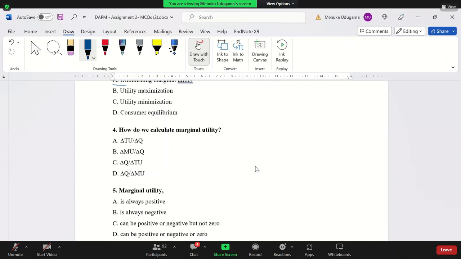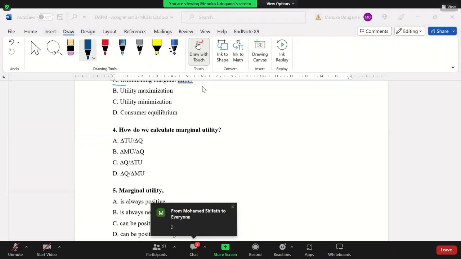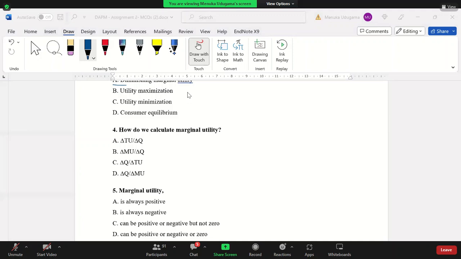4. How do we calculate marginal utility? Answers, please. Yes, I can see a few answers.